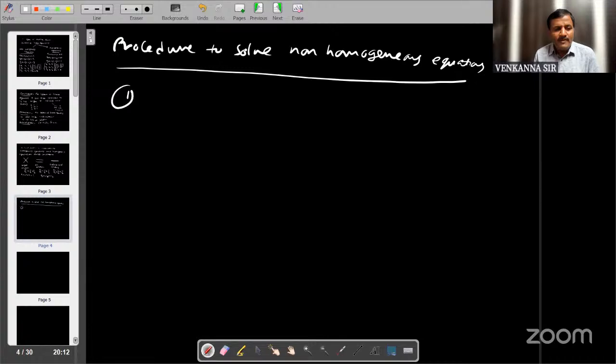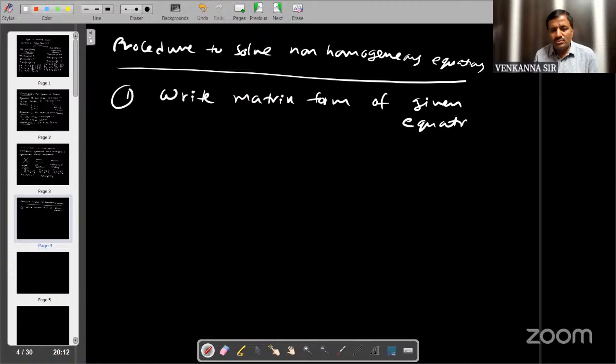First step, write matrix form of given equations. So let us take AX is equals to B as the matrix form. A is the coefficients matrix, X is the variable, B is the constant.